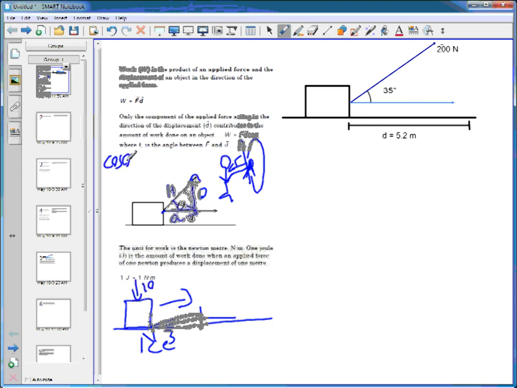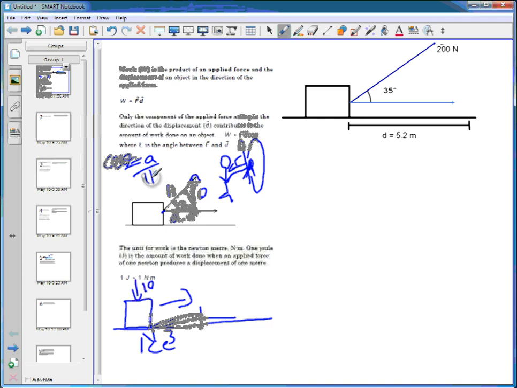cos of theta equals adjacent over hypotenuse, which means adjacent, which we're looking for, is equal to h cos theta.